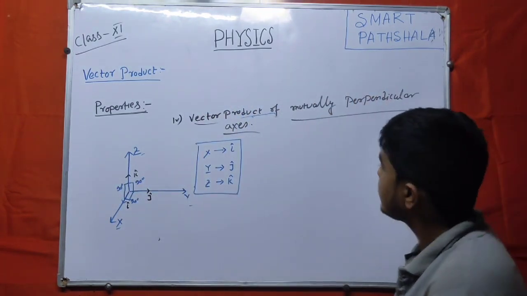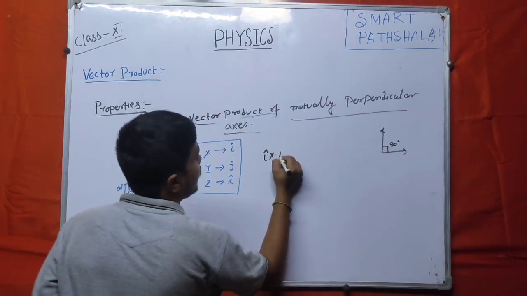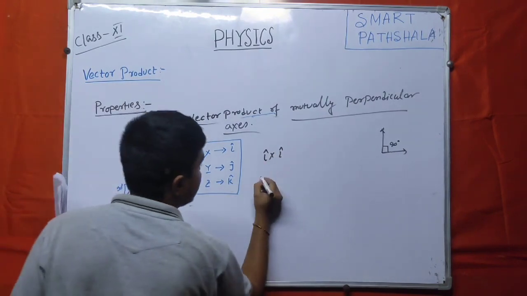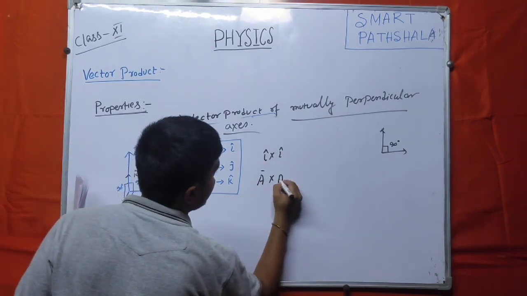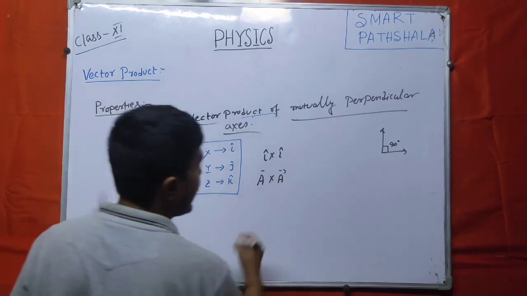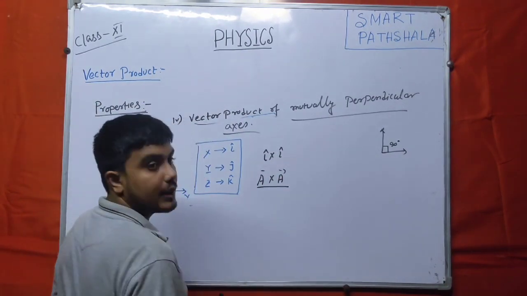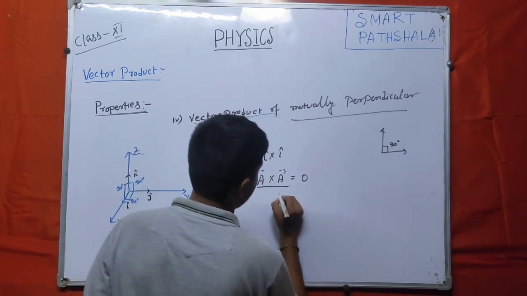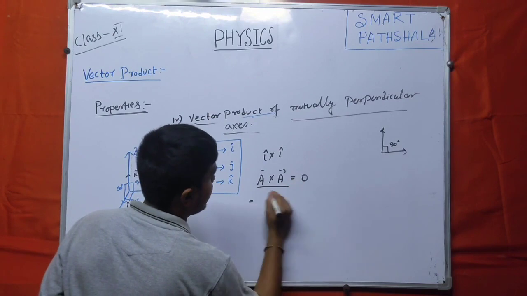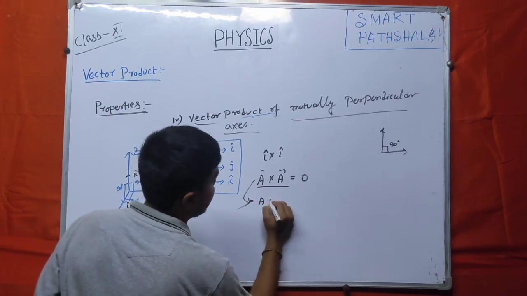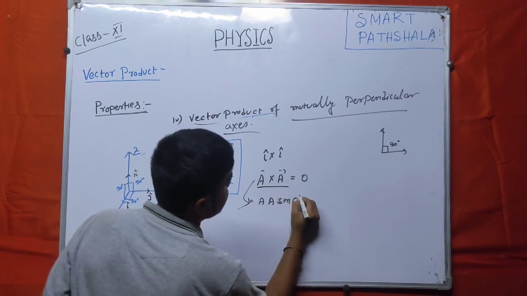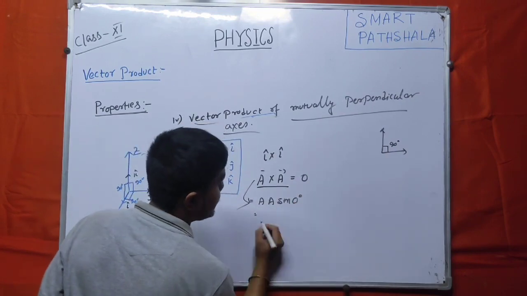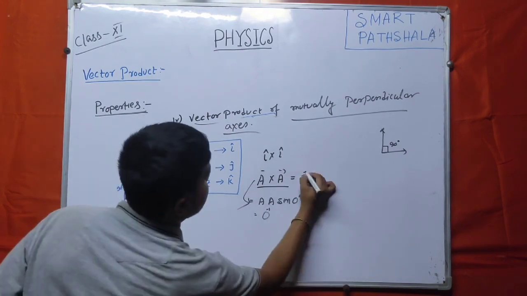Let us first find i cap cross i cap. This is equal to A cross A vector. In our first property, we discussed that A cross A vector is 0. How was it 0? A cross A vector can be written as A A sine 0 degree. The angle between two same vectors is 0 degree. Therefore sine 0 is 0, and the whole thing is a 0 vector.